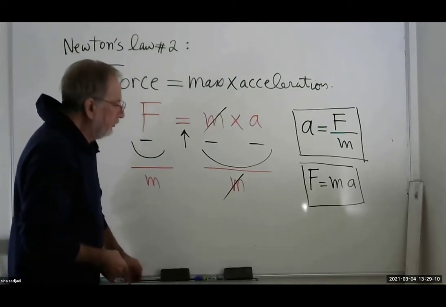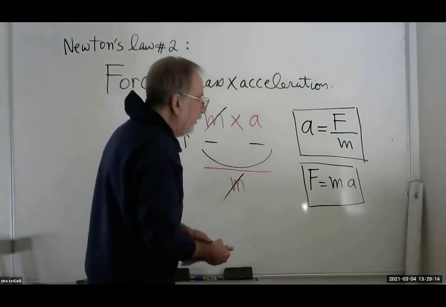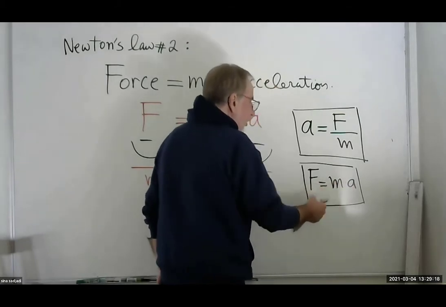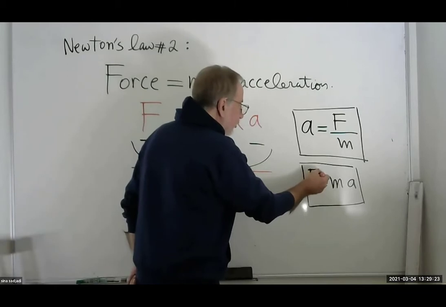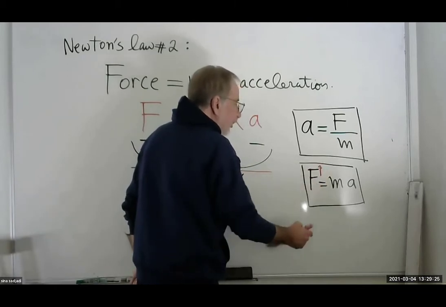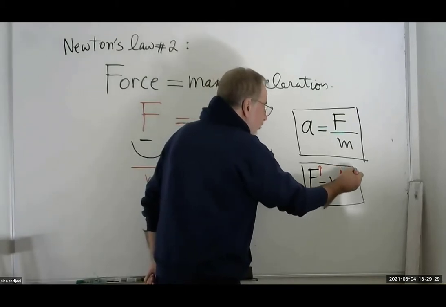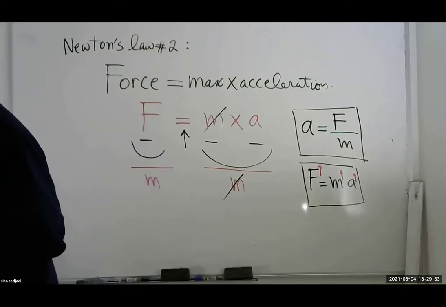Here, this is a direct relationship between force, mass, and acceleration. If I want force to increase, what can I do? I can either increase my acceleration or my mass. Either one will give me more force. So let's see how that works.